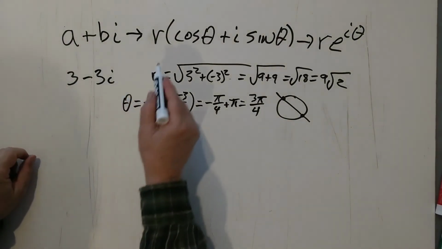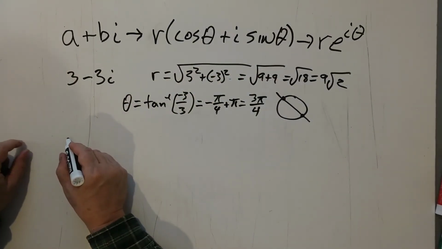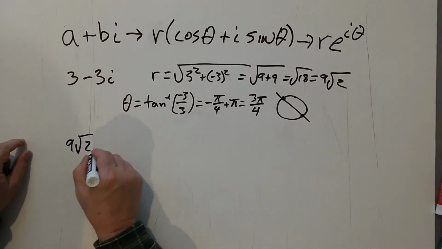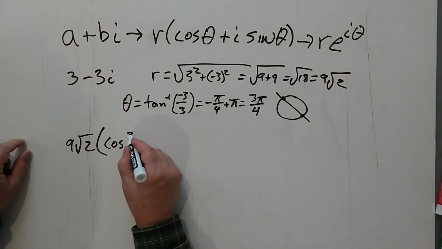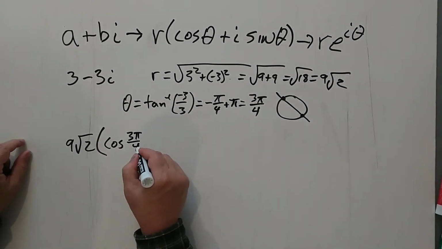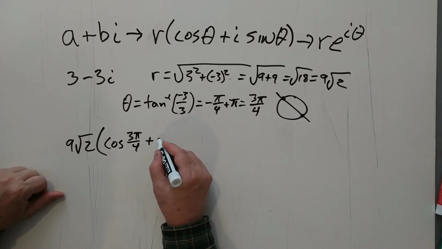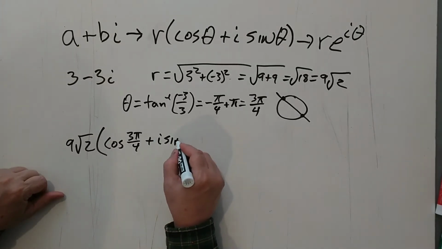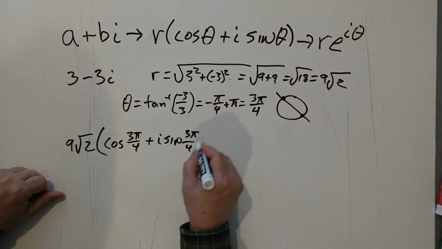So now we can write it in trig form. That's the radius, 3 square roots of 2, times the cosine of 3 pi over 4 plus i times the sine of 3 pi over 4.